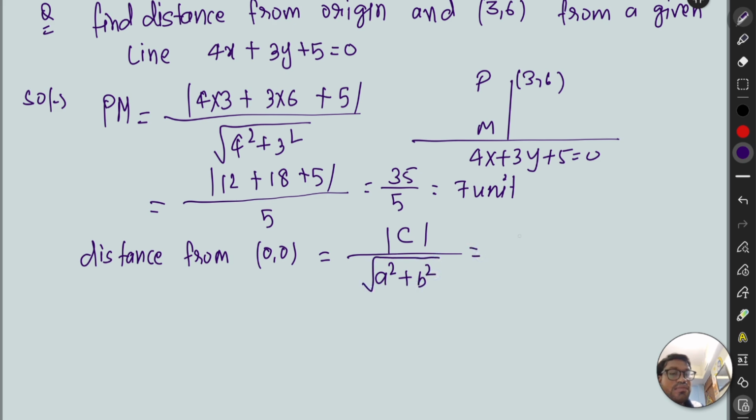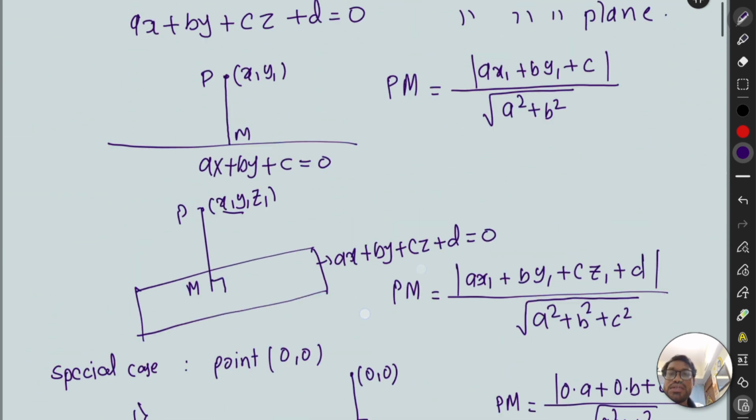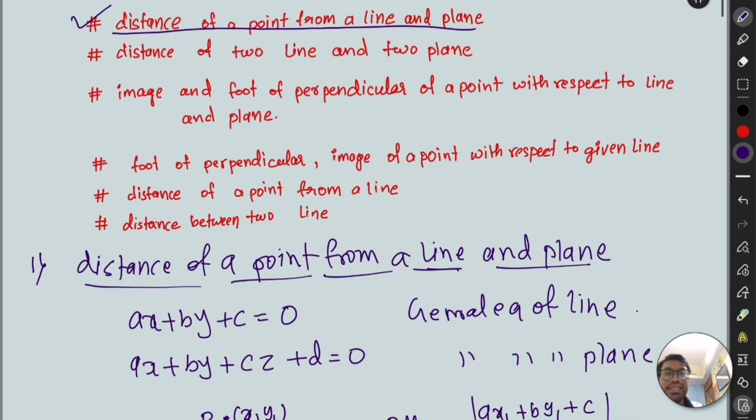The constant term here is 5, divided by square root of 3 square plus 4 square, so 5 by 5, which is 1 unit.